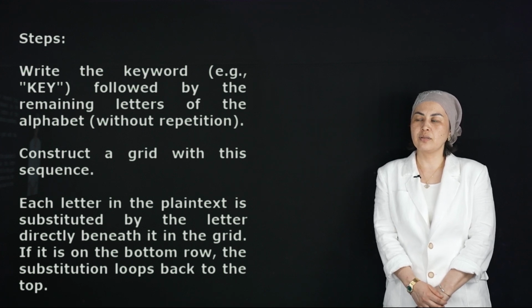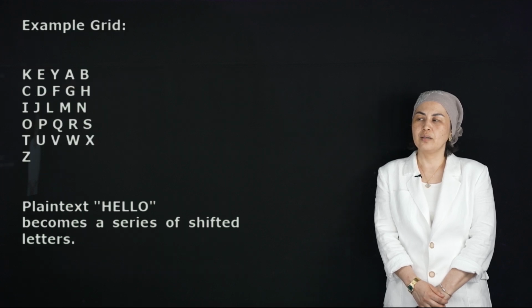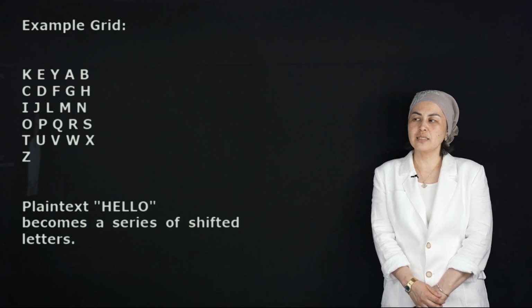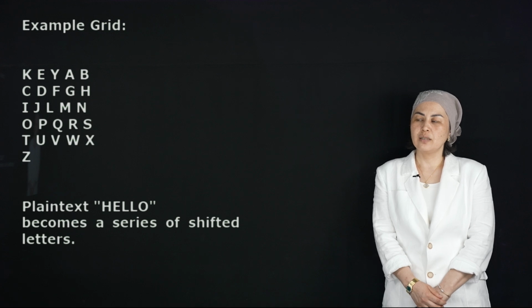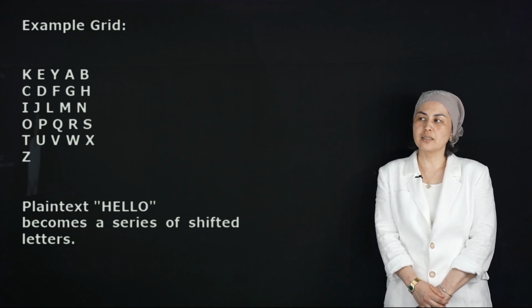Construct a grid with this sequence, and each letter in the plaintext is substituted by the letter directly beneath it in the grid. If it is on the bottom row, the substitution loops back to the top. Example grid: we have a table consisting of 26 characters, the alphabet of the English language, and the plaintext hello becomes a series of shifted letters.